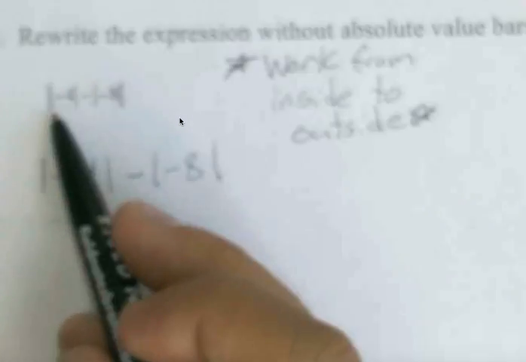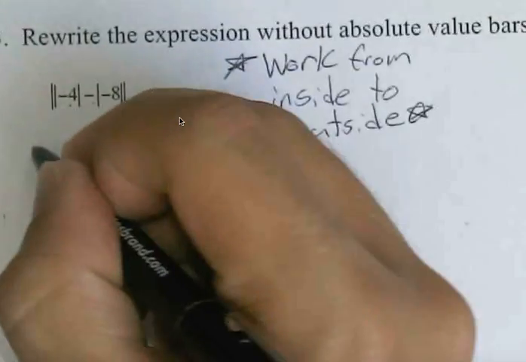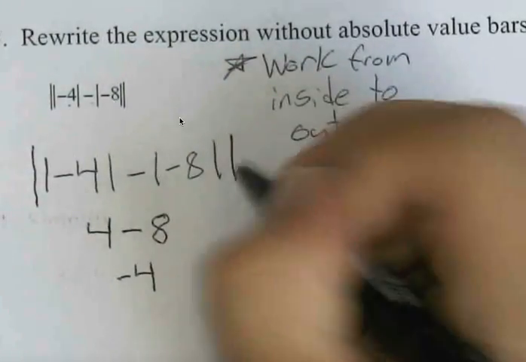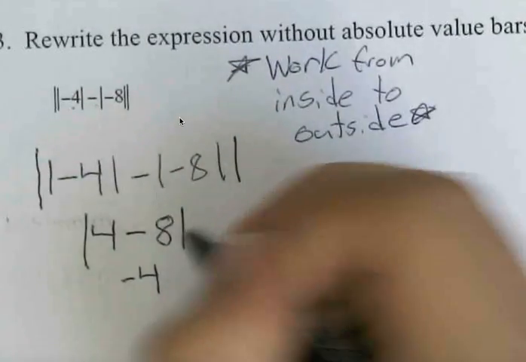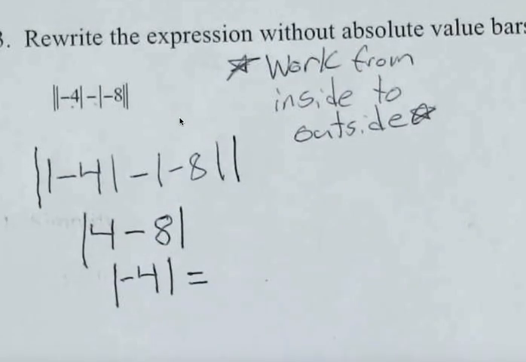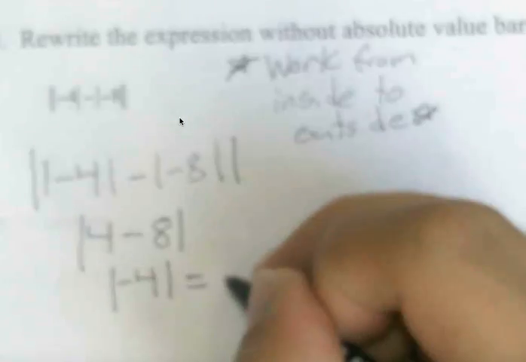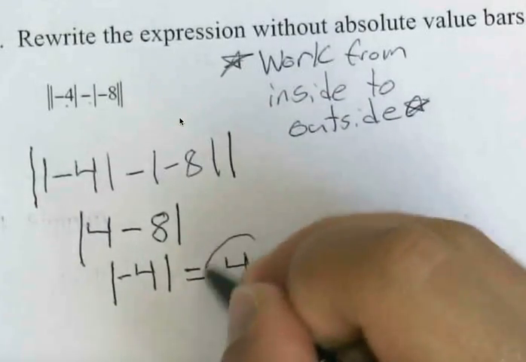But remember, you still have the absolute value on the outside. So if you want to add that in towards the end, that's a good look, because you still want to hold on to it. And then, what do you think? Absolute value of -4. Can that be rewritten? You can say that that's +4. That's your answer.